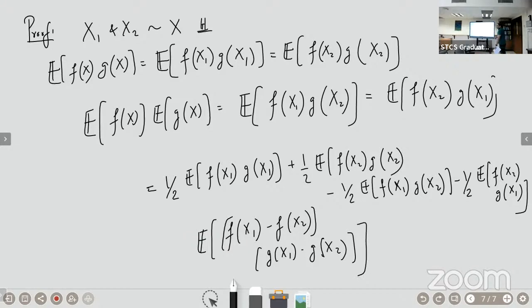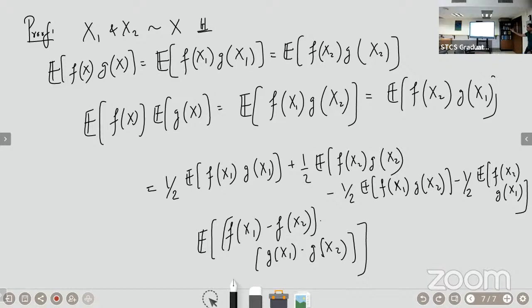The multiplication of those, can I bound this quantity? When both f and g are increasing, irrespective of what x1 and x2 are, all I care about is positive and negative. Is this positive always? Because if x1 is larger than x2, then both of them are going in the right direction. If they are negative, both are going in the other direction. The product is always greater than or equal to 0.